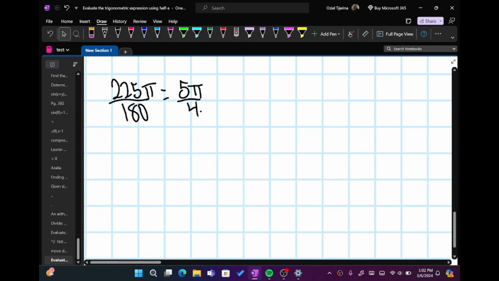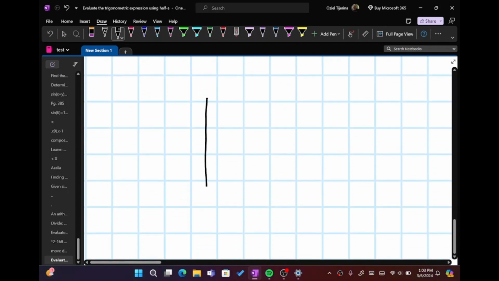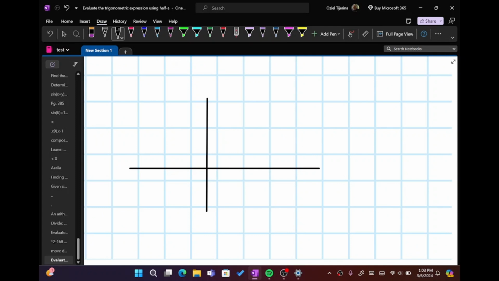But in our coordinate plane, we know that here is 0, here's 90, here's 180, here's 270 degrees. I know that 225 has to be somewhere over here.